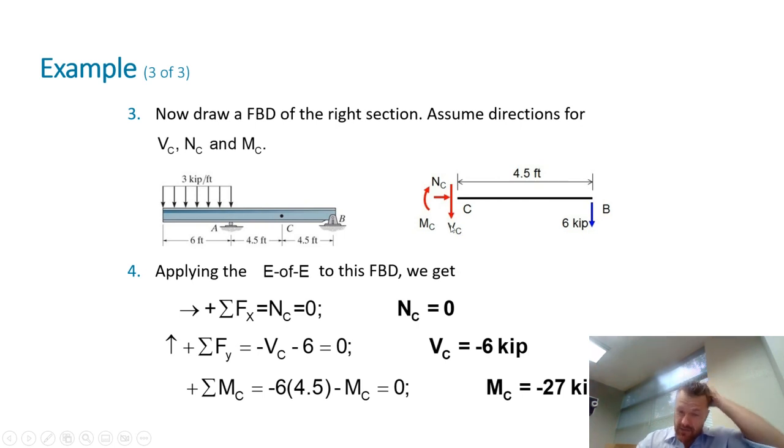And the last thing that I need to do is to determine the bending moment, MC. The way that I can do that is to simply sum all moments about point C. The reaction applied at B is going to induce a clockwise moment, so it will be negative. The magnitude of the force is 6 kips.